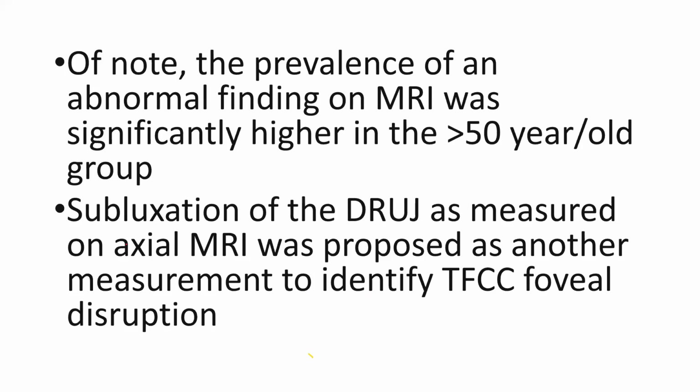Of note, the prevalence of an abnormal finding on MRI was significantly higher in the greater than 50-year-old group. Subluxation of the distal radio-ulnar joint as measured on axial MRI was proposed as another measurement to identify triangular fibrocartilage foveal disruption.